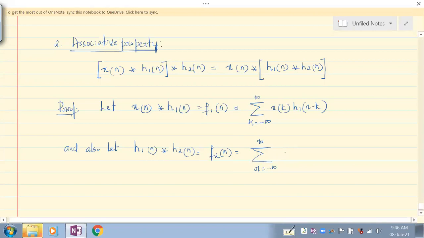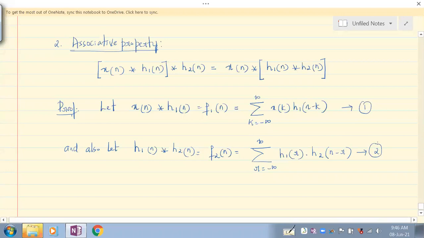I can express this as h1 of r into h2 of n minus r. You can call these equation number 1 and equation number 2.